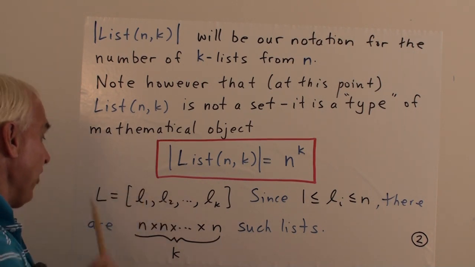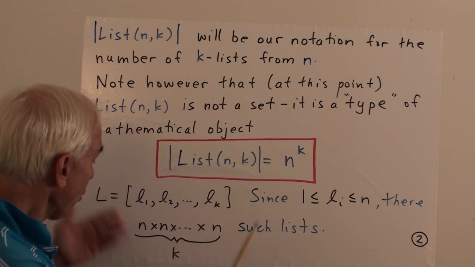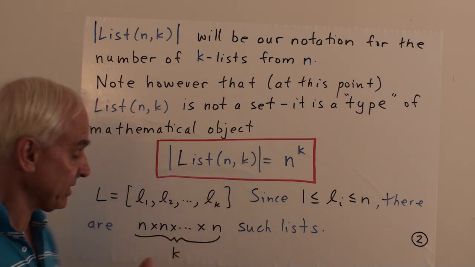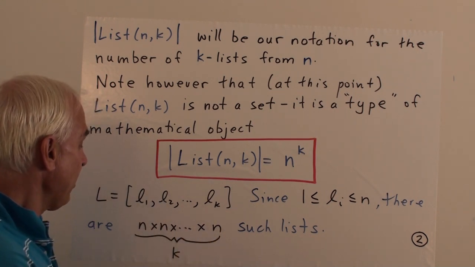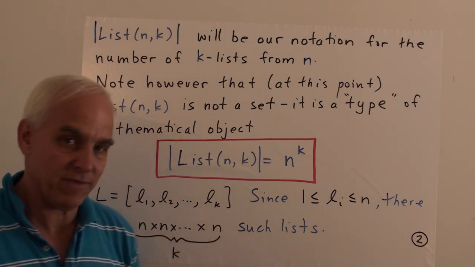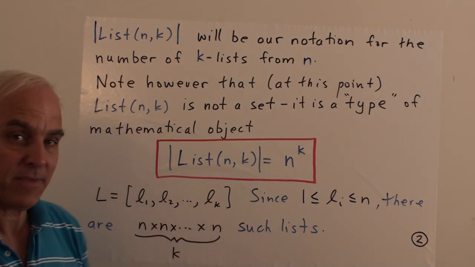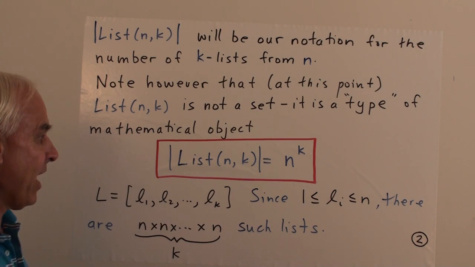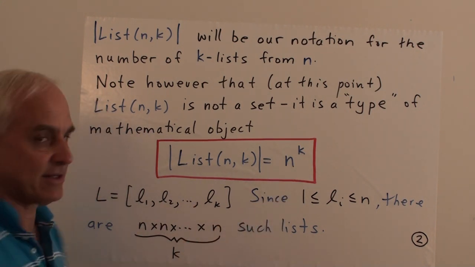So there's n possibilities here, all the way up to n possibilities here. And so the total number of possibilities is n times n, and so on, all the way up to times n, where there are in fact k of these n's multiplying together, because there are k entries in our list. And that's why we have n to the k as the number of such lists.